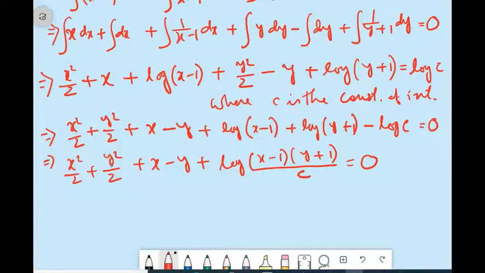So which is the required solution of the differential equation.